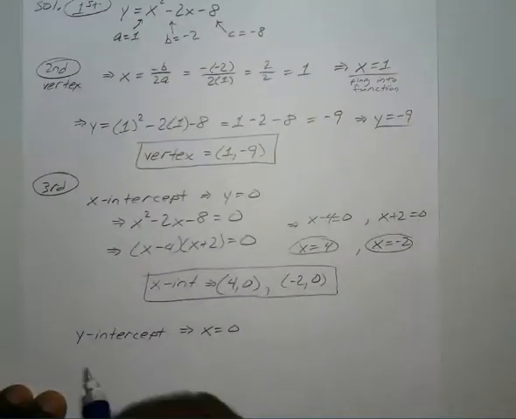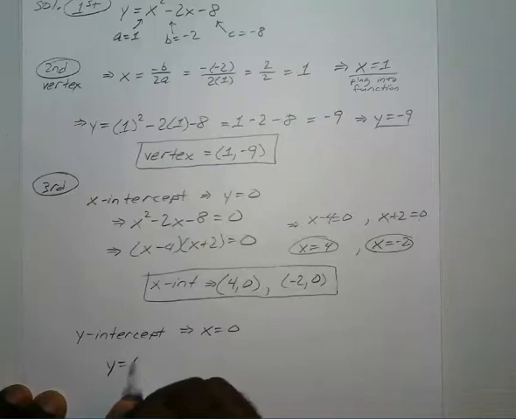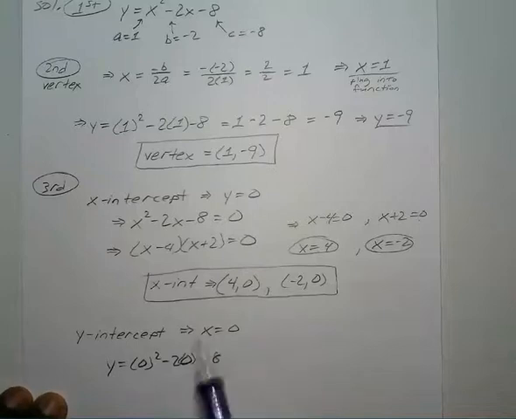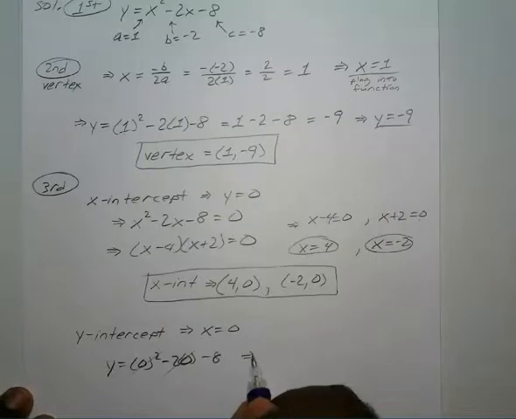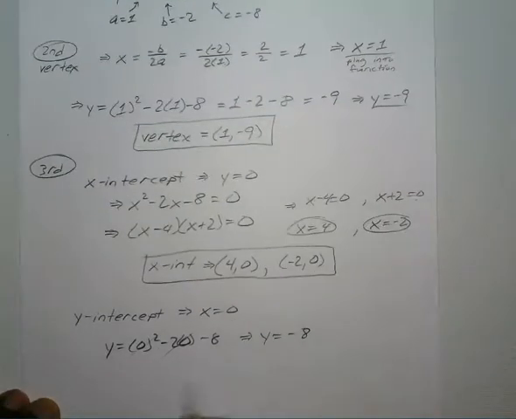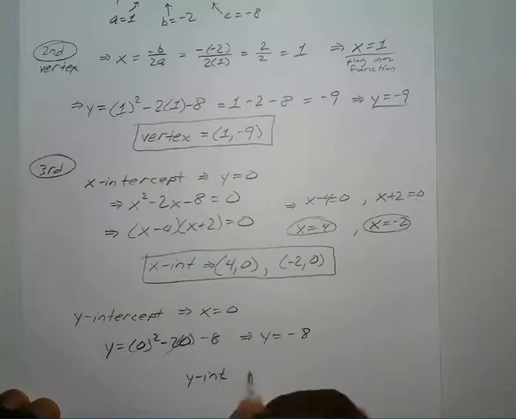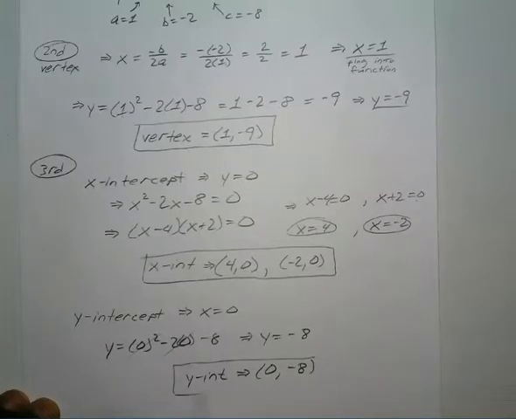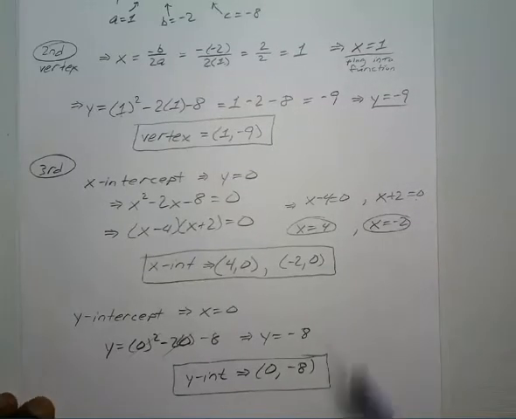So that will become y equals 0 squared minus 2 times 0 minus 8. Where those two just become 0, so they disappear. So you have y equals negative 8. So our y-intercept is when x is equal to 0, y is negative 8. Okay, so we have our x-intercept and our y-intercept.